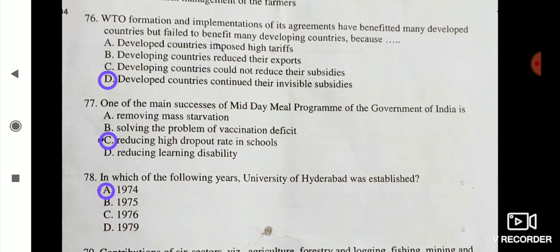Then next, one of the main successes of midday meal program of the government of India is, removing mass starvation, solving the problem of vaccination deficit, reducing high dropout rate in schools, reducing learning disability. And the main success of midday meal program of Government of India is reducing high dropout rate in schools.